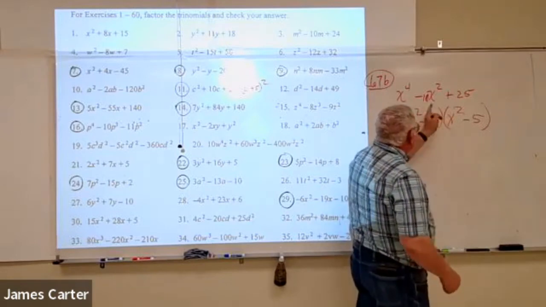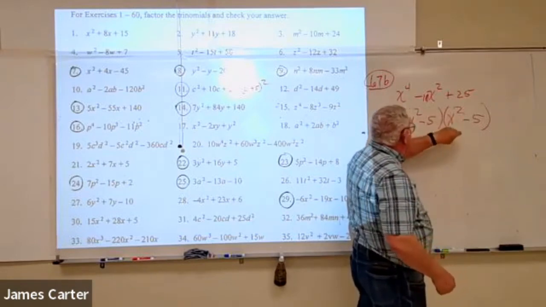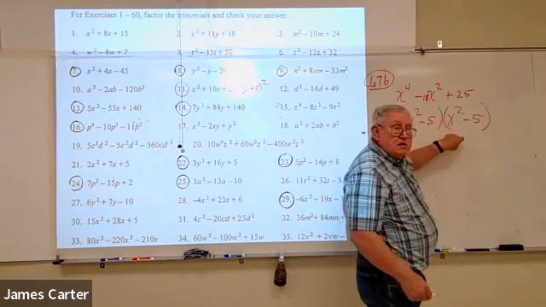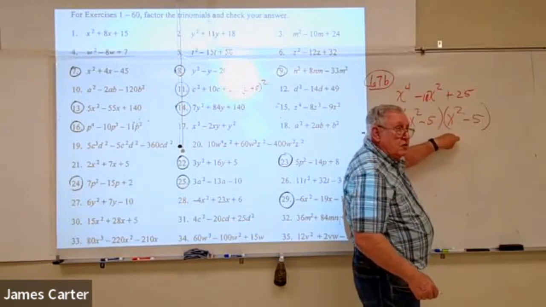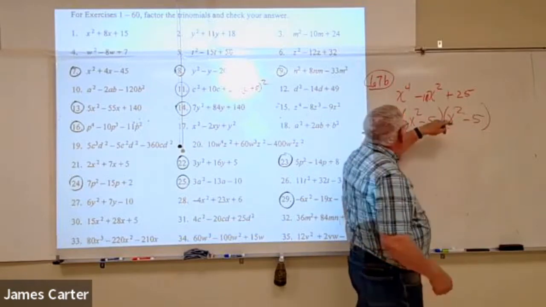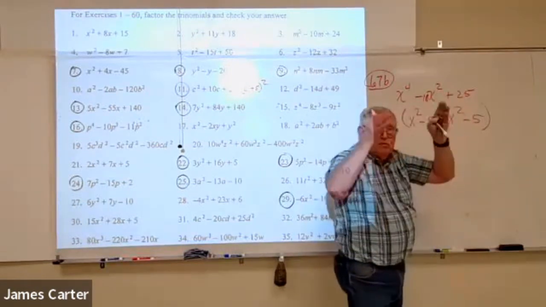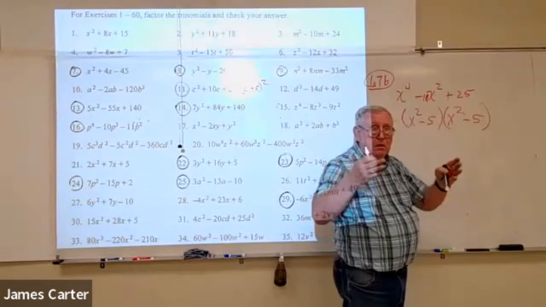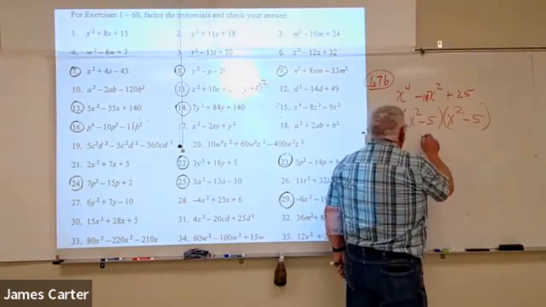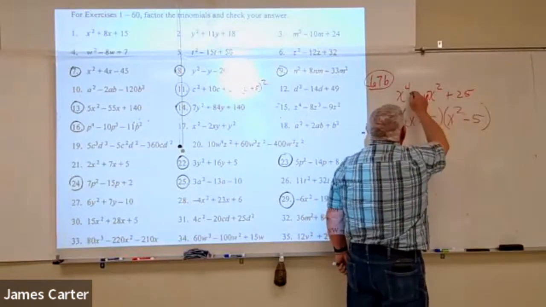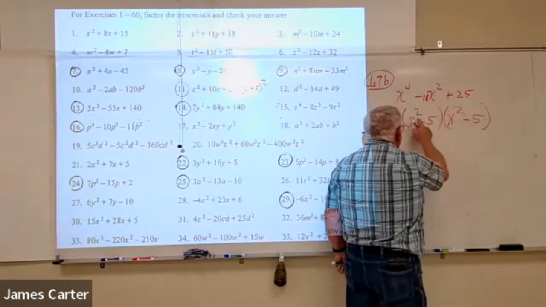I'm not doing the cross product thing right now. I'm just factoring this way. You can do it this way. Now, you could get to here by doing the cross product thing, except you're just going to have squares instead of first powers.